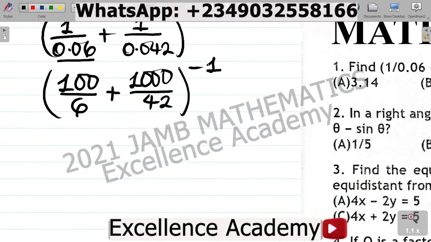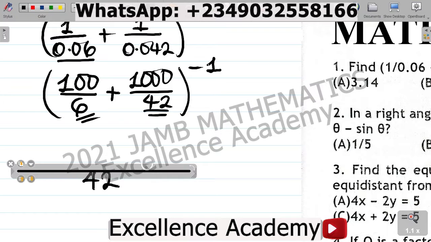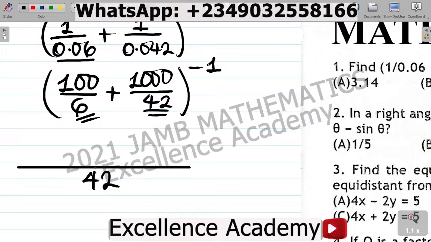Now, the next thing you want to note is that we'll look at the LCM. If you look at 6 and 42, the LCM there is obviously 42. So let's solve this. First things first, 42 divided by 6 gives you 7.